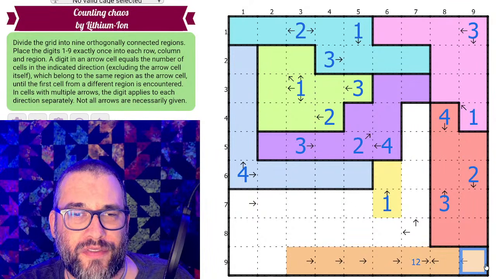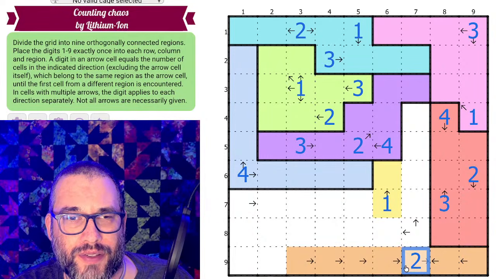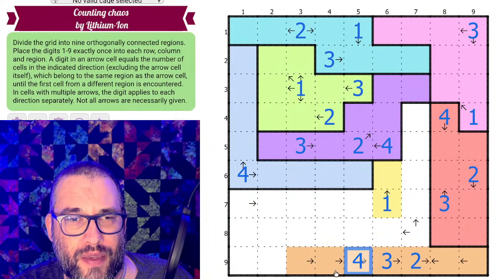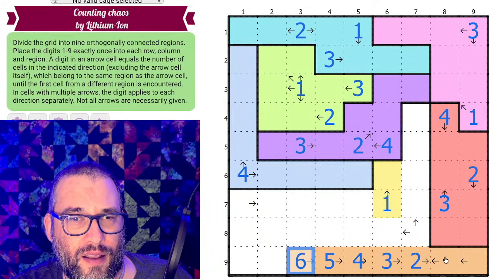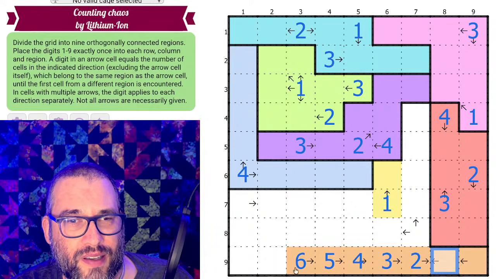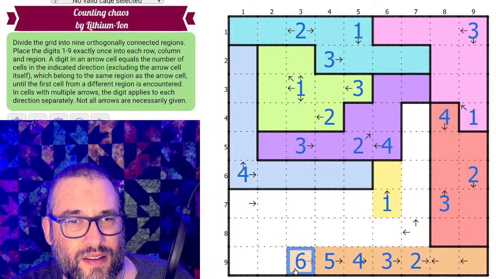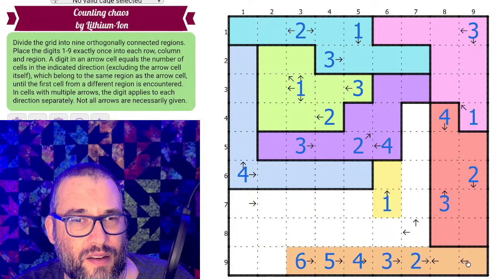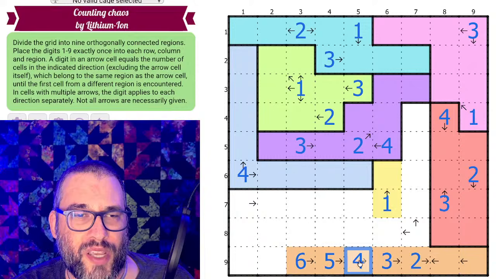I guess we could just fill in these cells. This just is a 2, that's a 3, that's a 4, that's a 5, that's a 6. Now this whole bottom row just has to be orange, or we repeat digits.